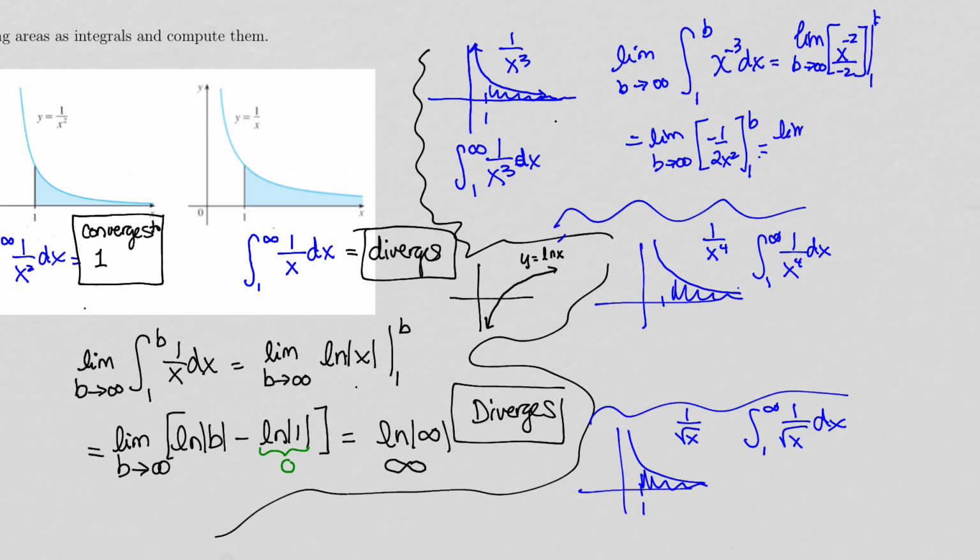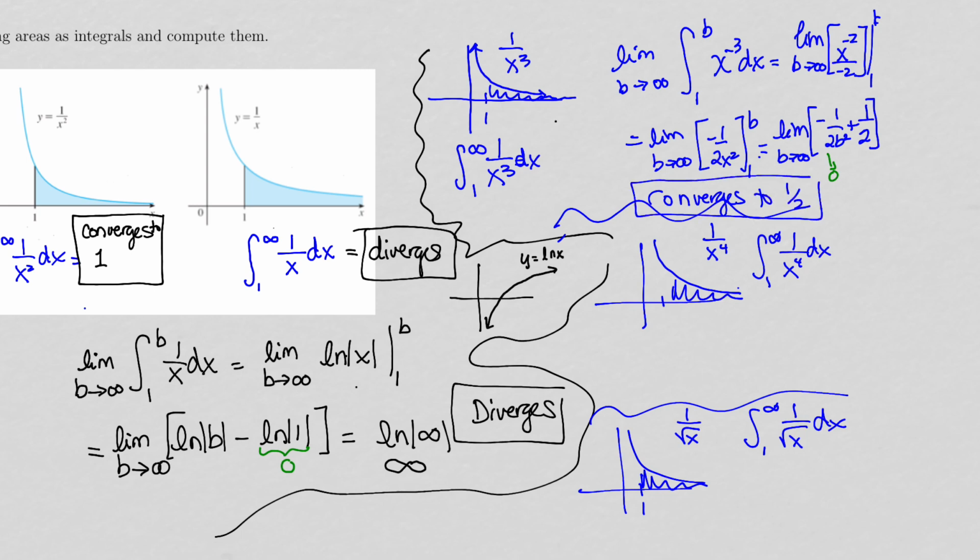What did you guys get for that? You got 1/2. That's what I get too. As b goes to infinity, that first piece goes to 0. So you got that this actually converged, right? Converges to 1/2. That's kind of cool.